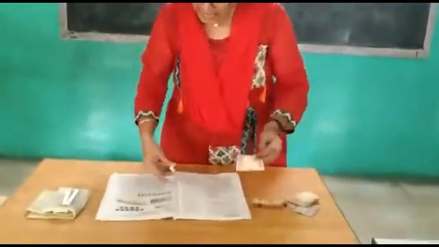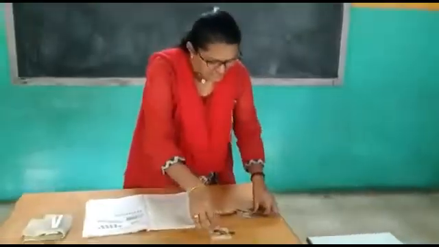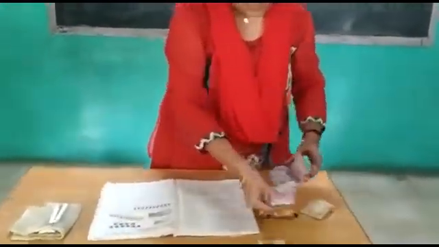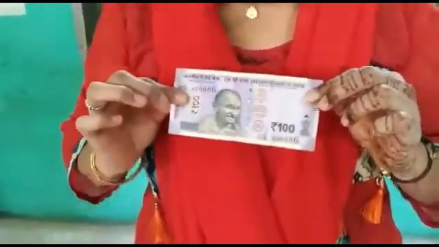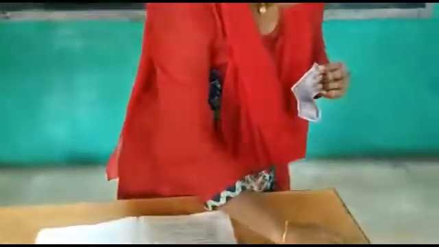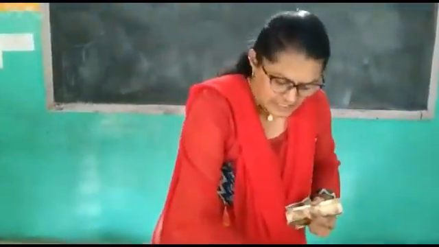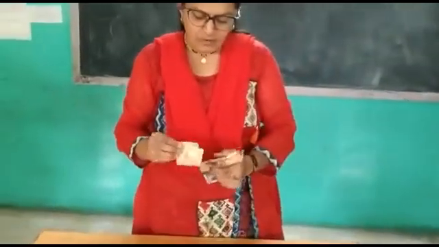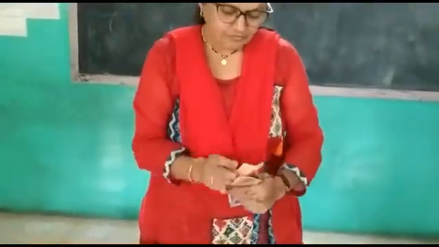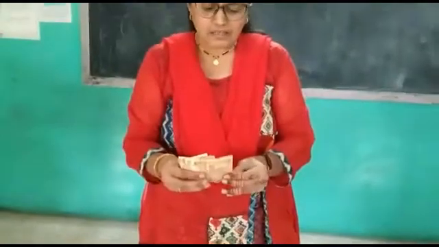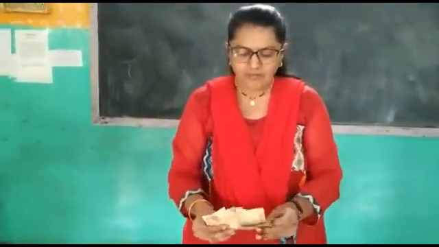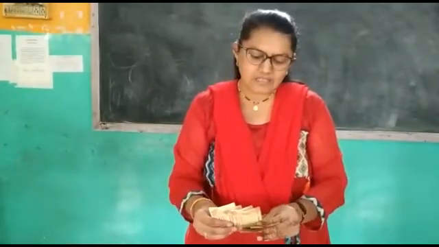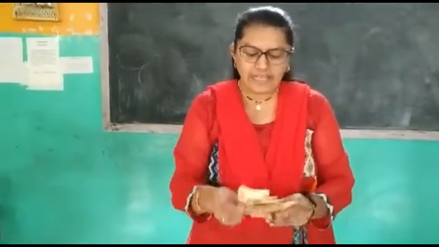Now we will see the note of 100 rupees. 100 rupees means 10 notes of 10 rupees each. Now I will count them out. 1, 2, 3, 4, 5, 6, 7, 8, 9 and 10.